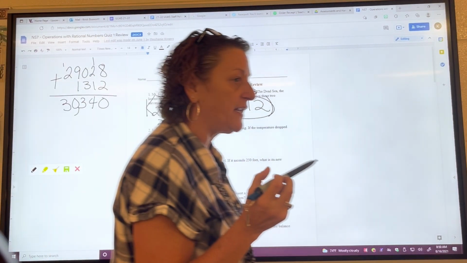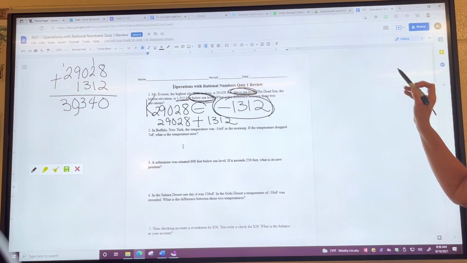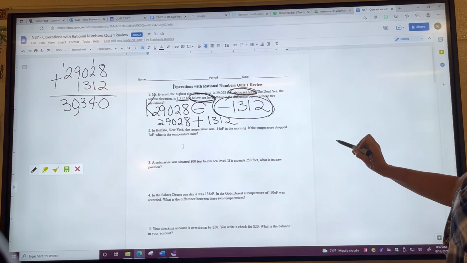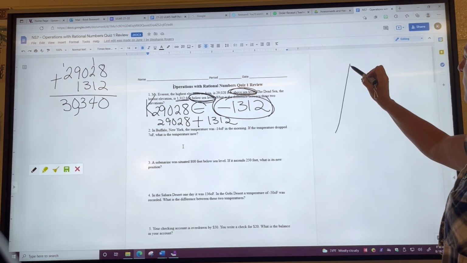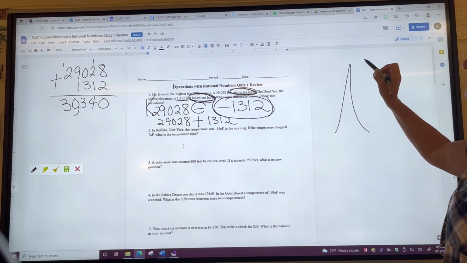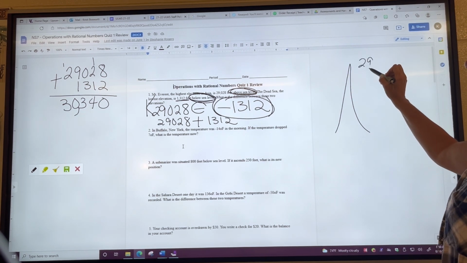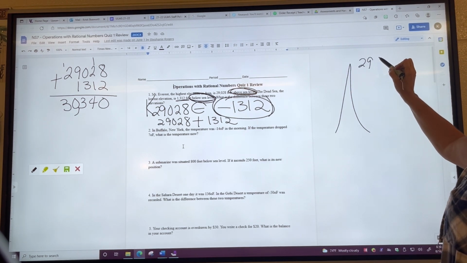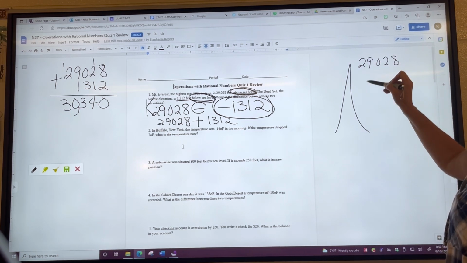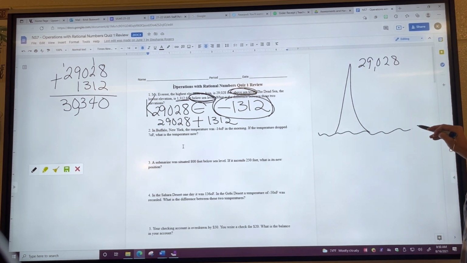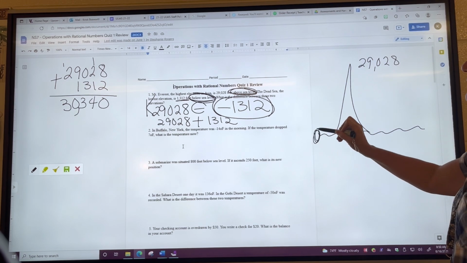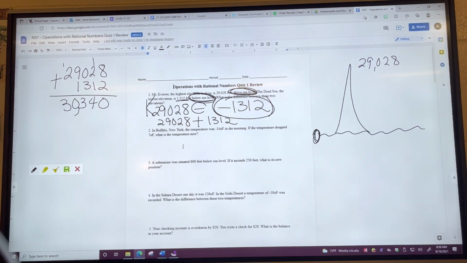Let me show you something else. Here's Mount Everest, 29,028, okay? This is sea level, so we're going to call sea level 0 on a number line.